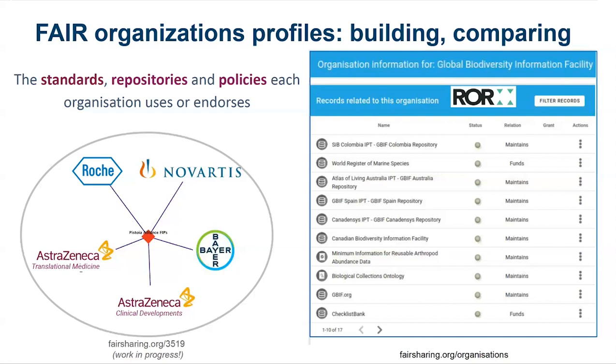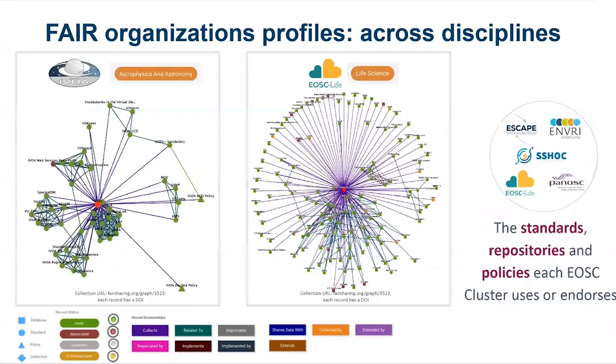And this is why we are building profiles around the organization and tagging the organization with ROR, which is an identifier for organizations, like ORCID is an identifier for people. We have also started doing this with some of the pharma, like a prototype testing, because everybody wants to build this profile to compare and see if they are using standards that others are using too, or if they should enlarge the recommendation list.